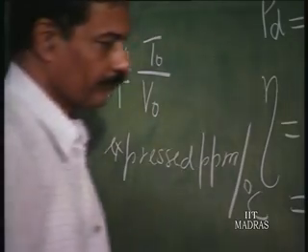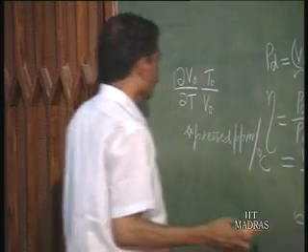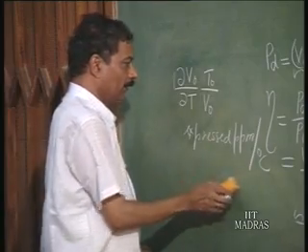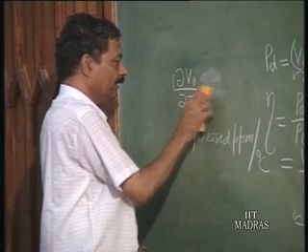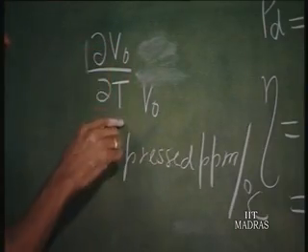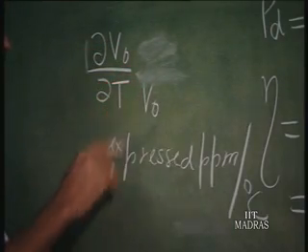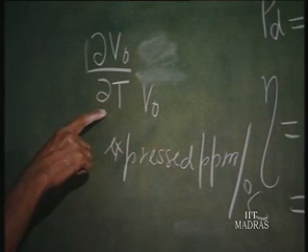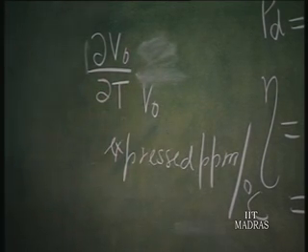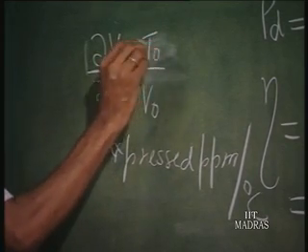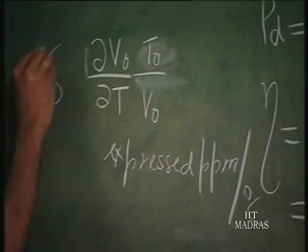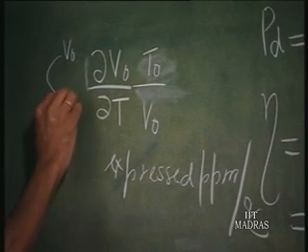This is what it is actually, that is the temperature. Delta V naught by V naught is the parts per million change per degree centigrade. This is what is called the sensitivity of the voltage with respect to temperature.